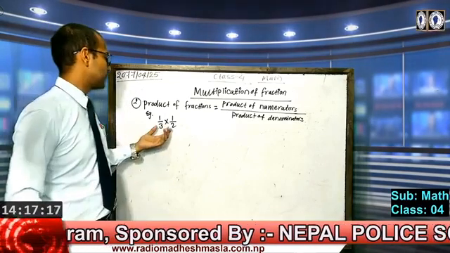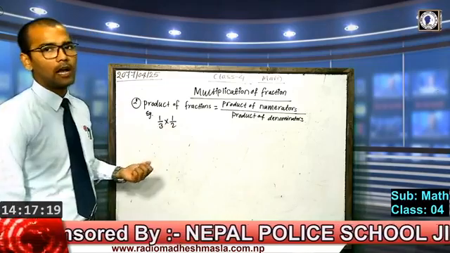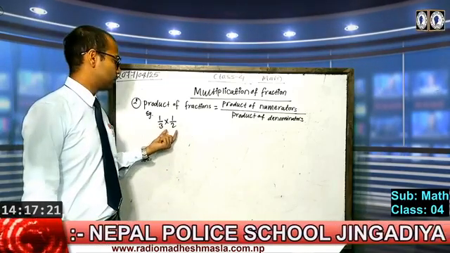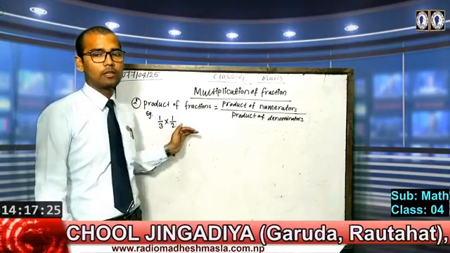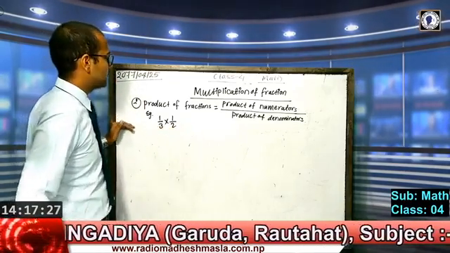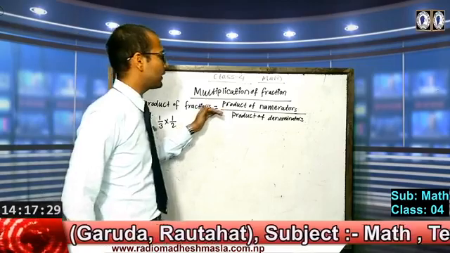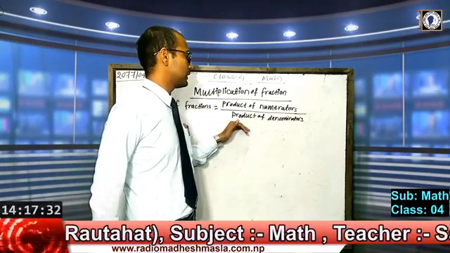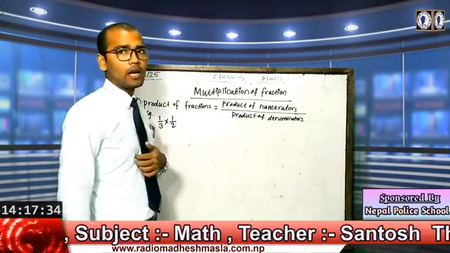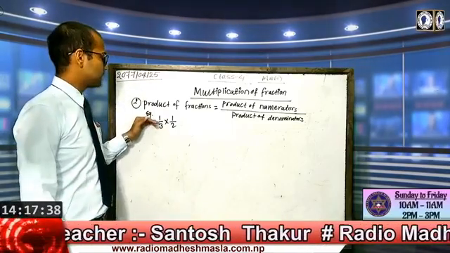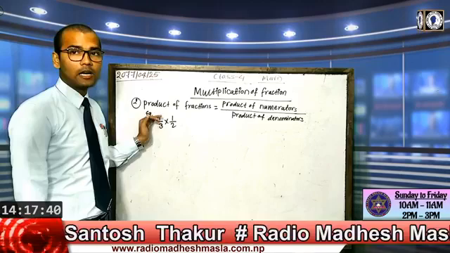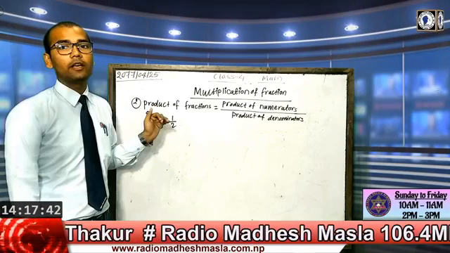So here we have the fractions 1 by 3 and 1 by 2, and we need to find the product of these two fractions. For that, students, we can apply this formula, product of numerators and product of denominators. Before applying the formula, we should first find the numerators and denominators of each fraction.